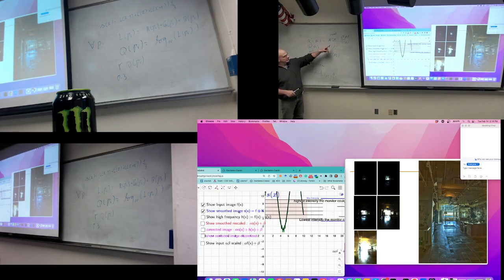But jumping to the end, once I decided about the target luminosity, again, might be different between pixels, and that's why this scalar, or the ratio between L prime of p, the new luminosity, divided by the old luminosity, might be different between pixels. If this ratio is the same for all pixels, then it's just a gain part.